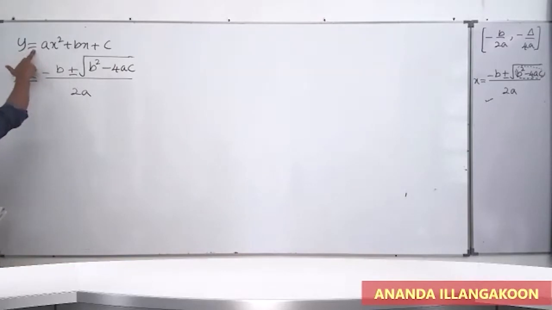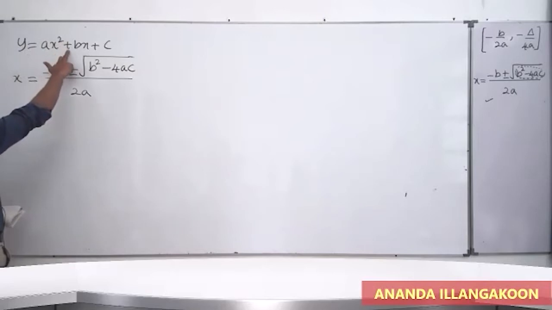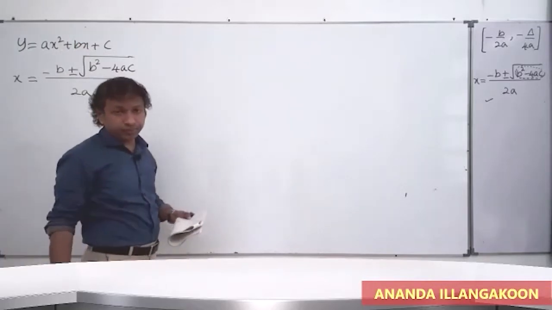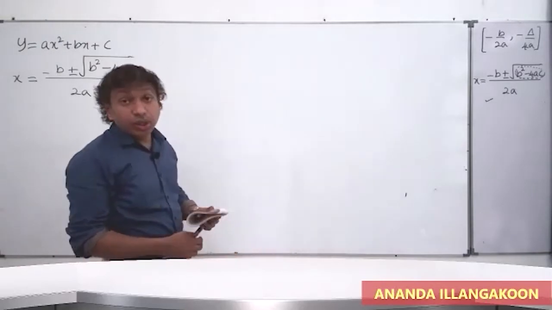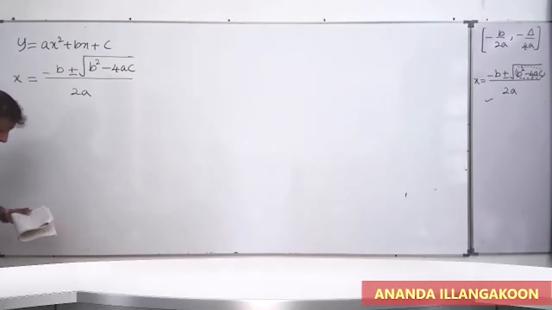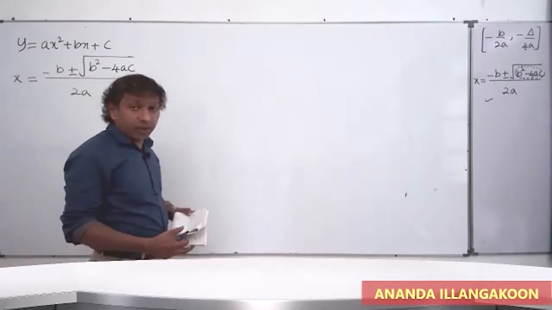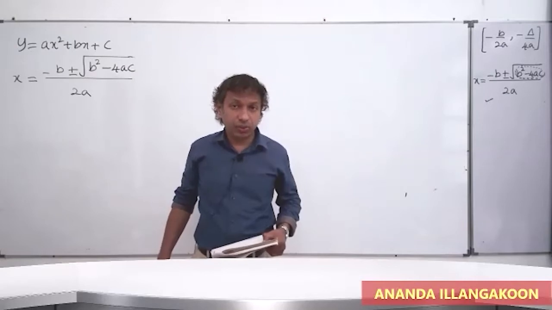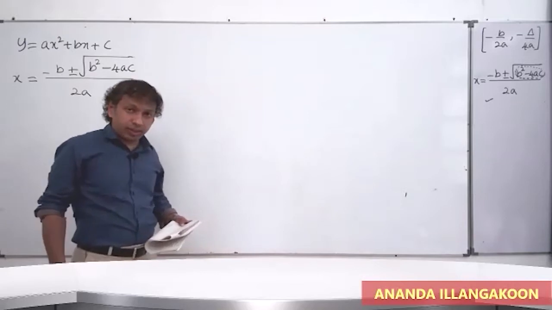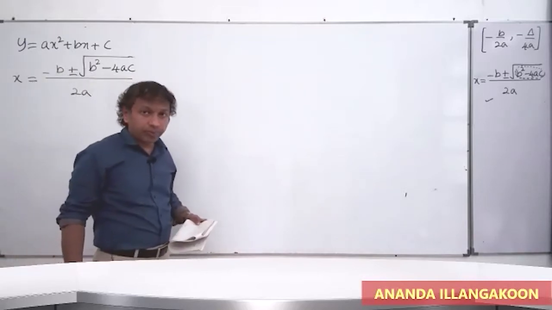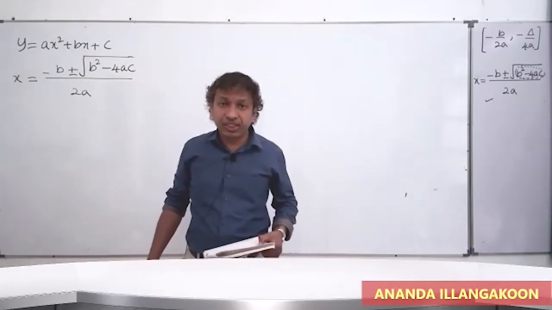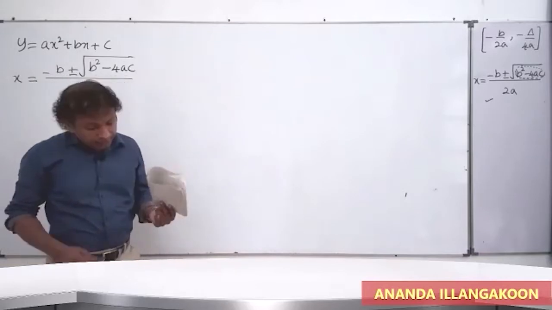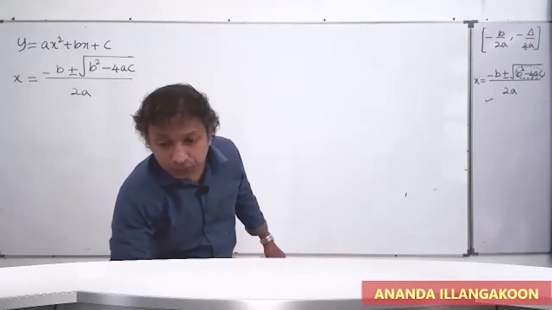y equals ax squared plus bx plus c, to have real distinct roots, comma, real coincident roots, and imaginary roots.